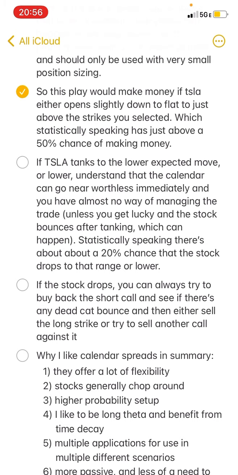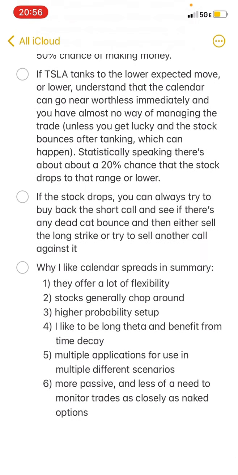Okay. If Tesla tanks to the lower expected move or lower, understand that the calendar can go near worthless almost immediately, right? And you have almost no way of managing the trade, right? Because it happens overnight after market close and you can't do anything until the next morning, right?